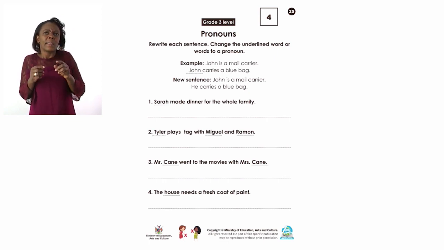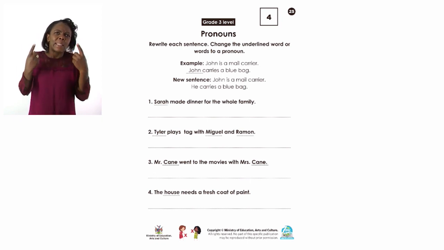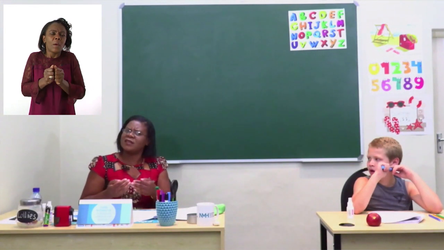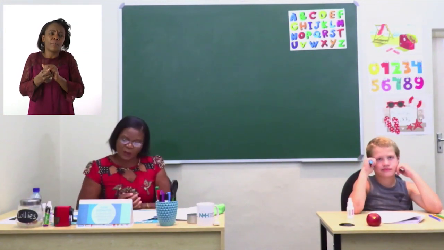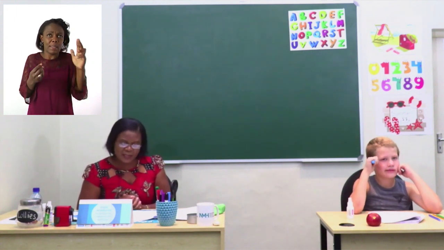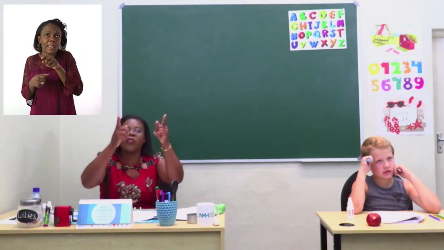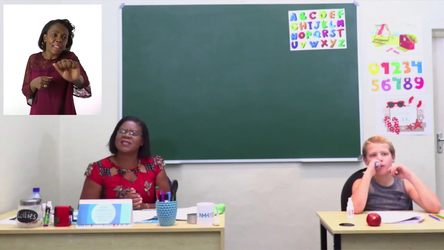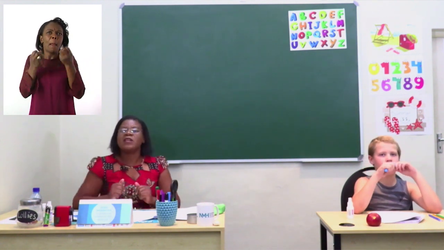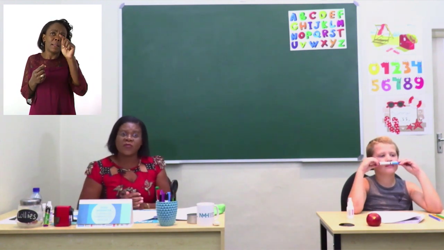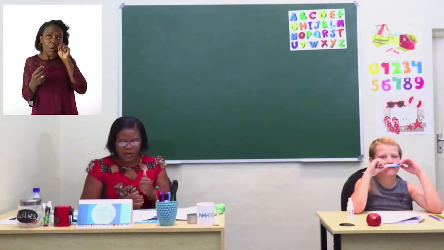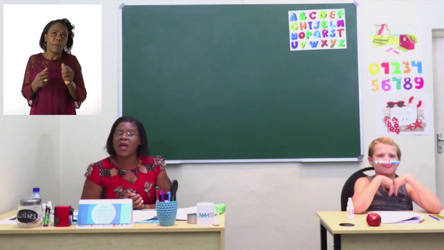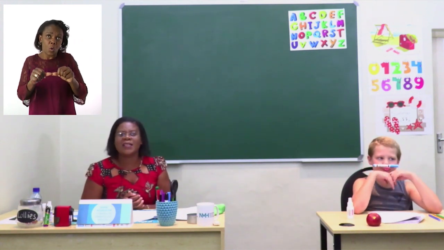Are we going to say such a thing? I don't think so. So we are going to replace them with a certain word. What word can that be? There are many, remember? So we are going to say, "He plays tag with them." So "them" is the correct pronoun that we should replace the names with. All right. Now try for me number 3 and number 4. Then I'll check your homework tomorrow.